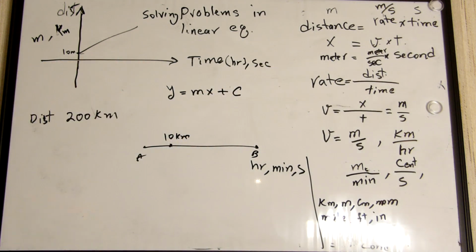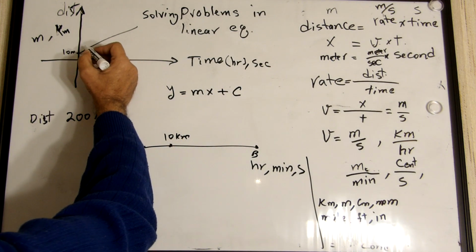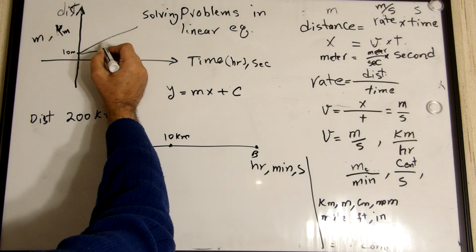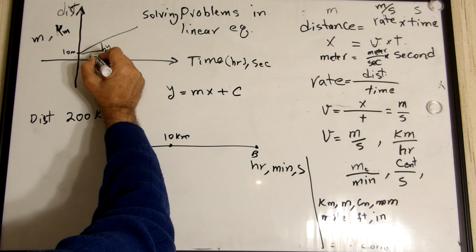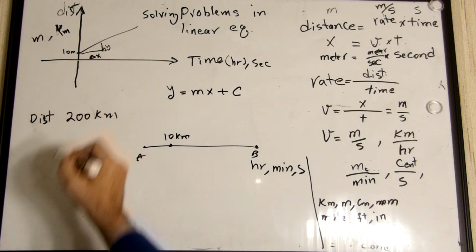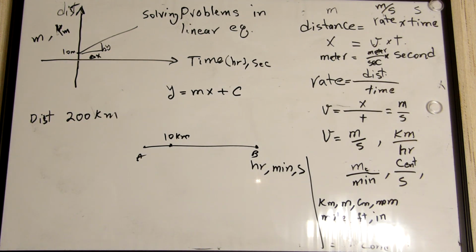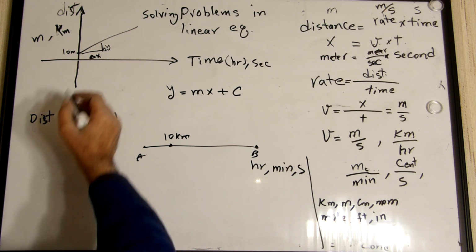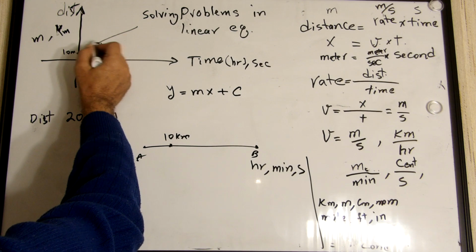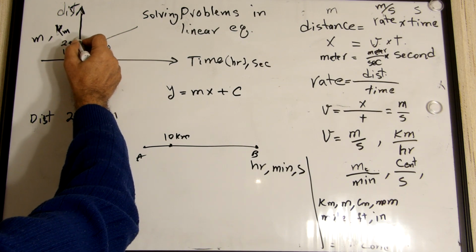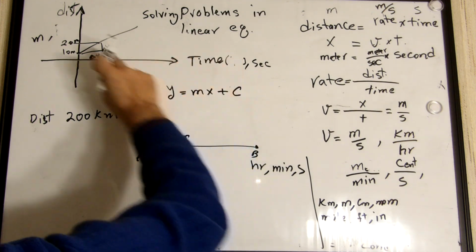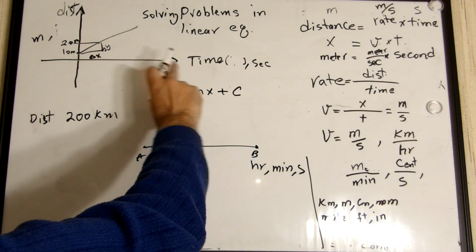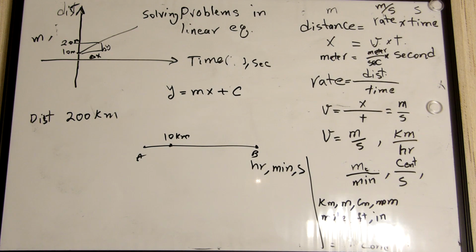See, if you get the slope of this, it's delta y over delta x. We talked about it earlier, that if you want to find the slope, for example here is 10, here is 20, and we talk about meter. This is meter on the vertical axis and second on the horizontal axis.